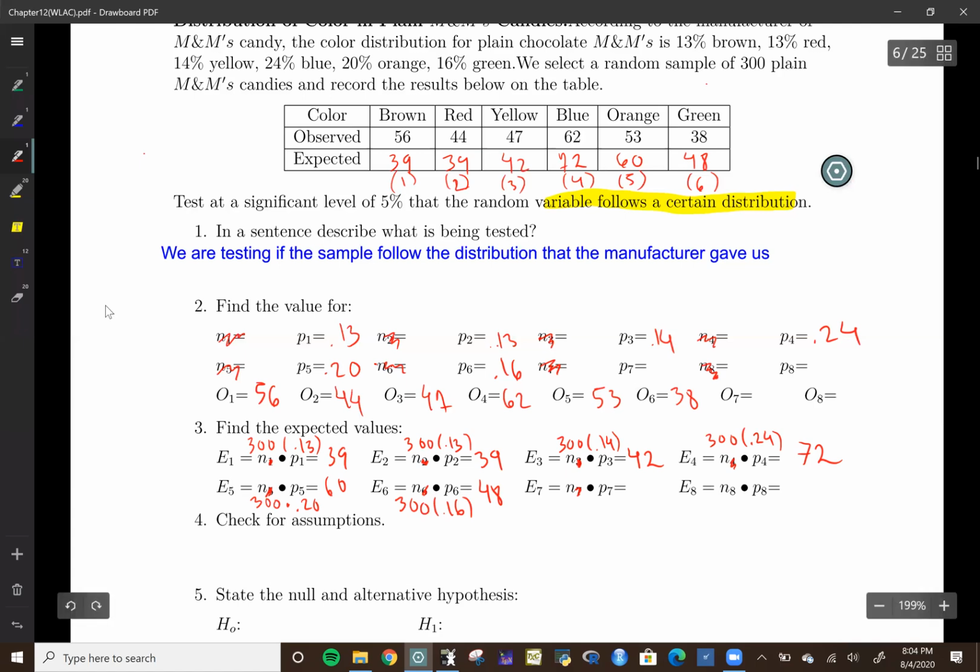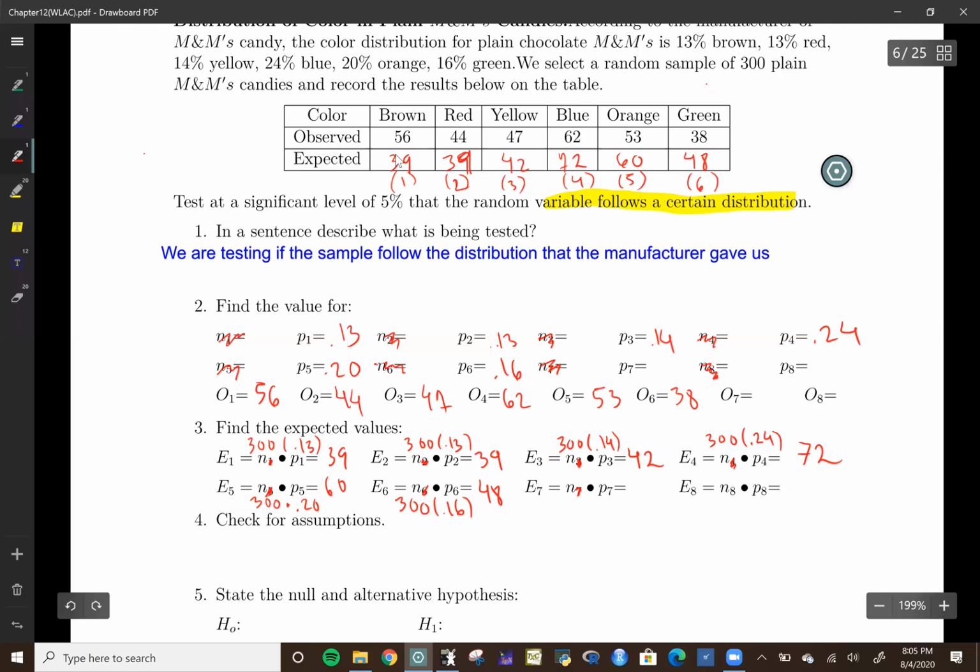All right, so let's look at Brown. At Brown, when we got the 300 candy, we actually got 56 and the expected value should have been 39. Are they pretty close to each other or do we have a significant difference? Yeah, they're not that close. You kind of expect them to be a little bit close, so that's not a good start.